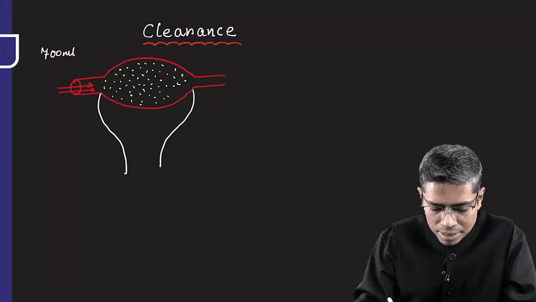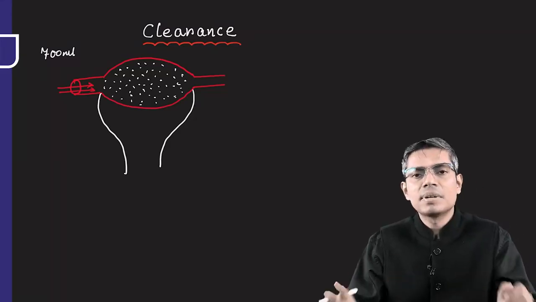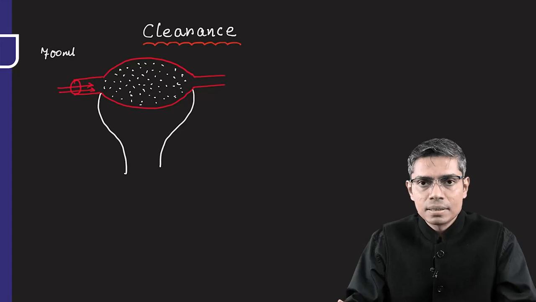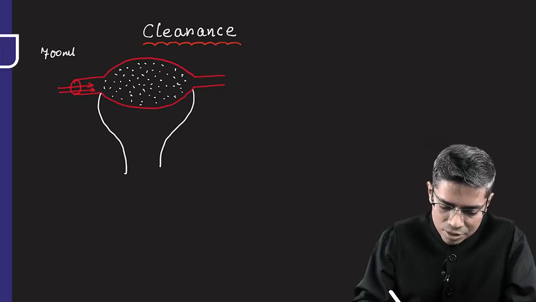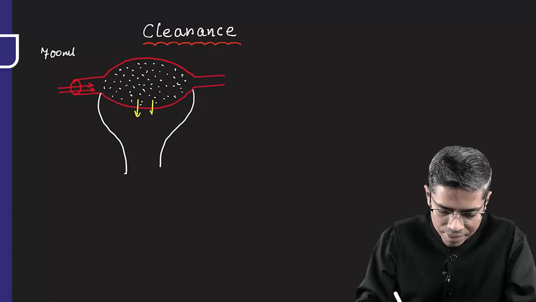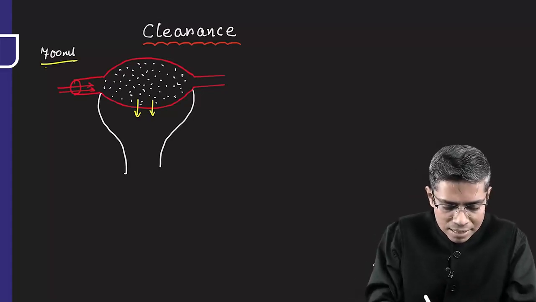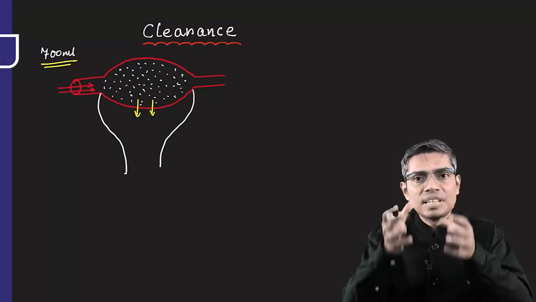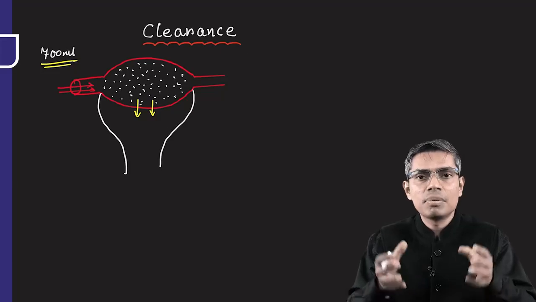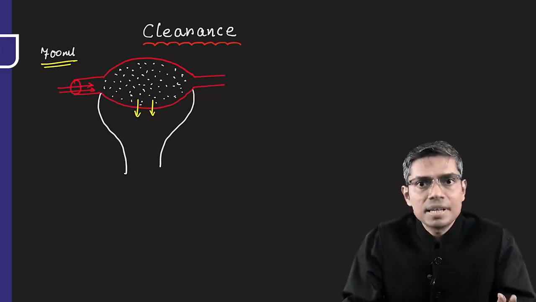Now we all know that whenever the plasma is reaching the level of glomerular capillary, there will be filtration. That is the normal GFR, glomerular filtration rate, okay? Whenever filtration is occurring, I know that within this 700 ml of plasma, 16 to 20% of plasma will get filtered at the level of glomerular capillaries, right?